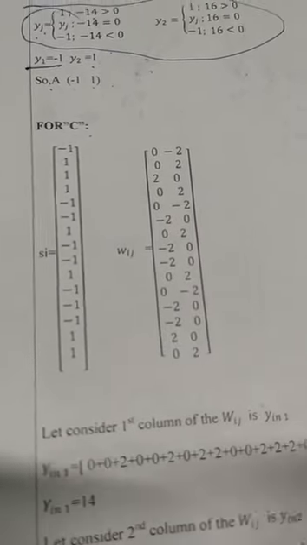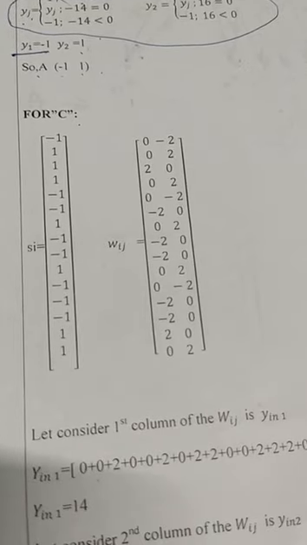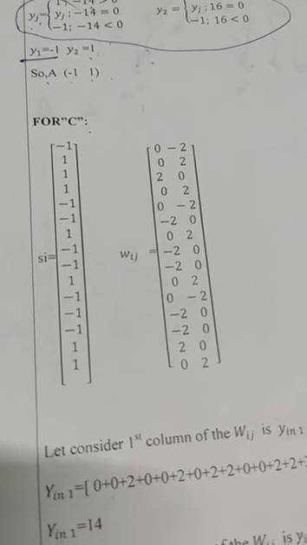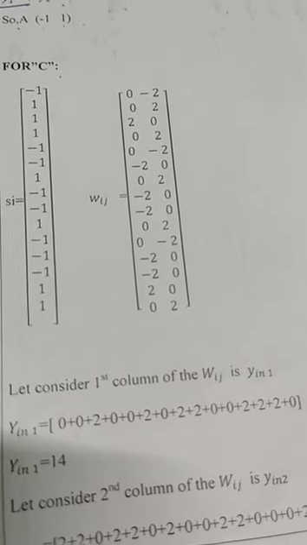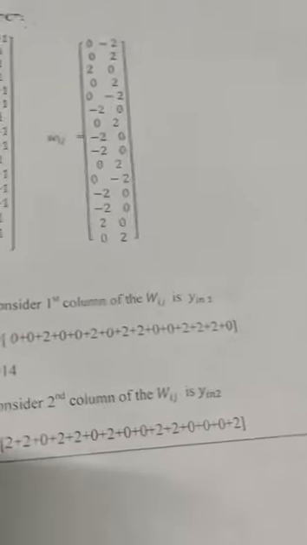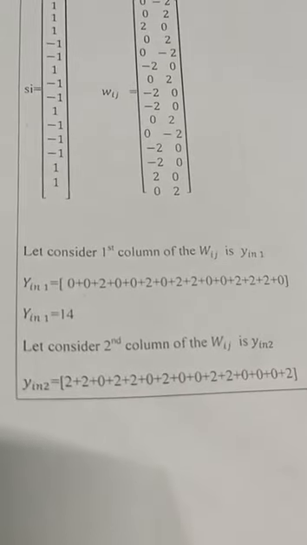In a similar way, we have repeated it for character C. For the character C, this is the bipolar input vector, this is the weight matrix. You have to first compute the net input of the first neuron, the net input of the second neuron.